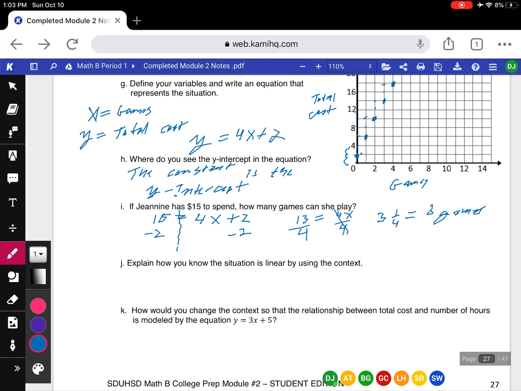Explain how you know the situation is linear by the context. Well, the context has a rate of change of 4, and that represents the $4 per game.